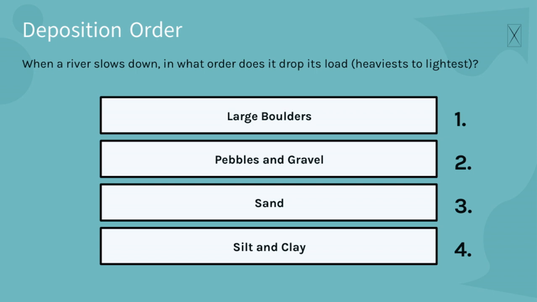Then it deposits sand. The finest material, such as silt and clay, can remain suspended in the water for longer and is deposited last. This sorting of sediment is important in many river landforms. For example, levees form because heavier material is deposited close to the river channel during flooding, while finer material is carried further across the floodplain.